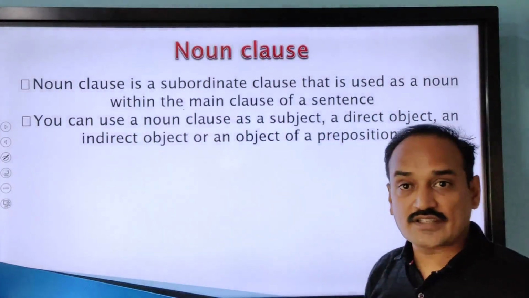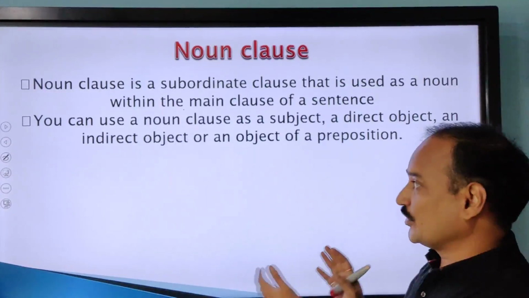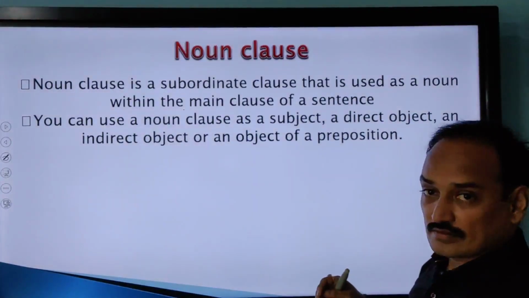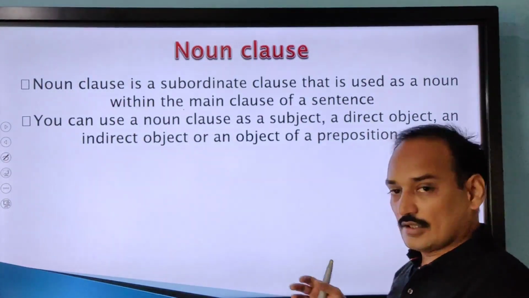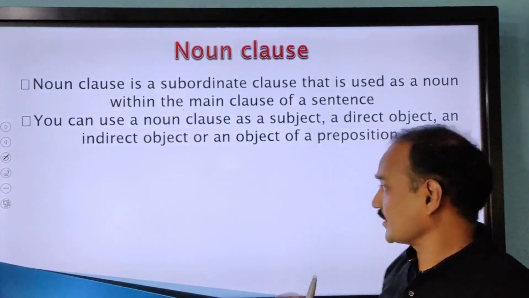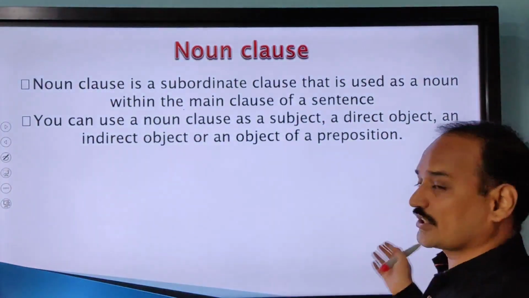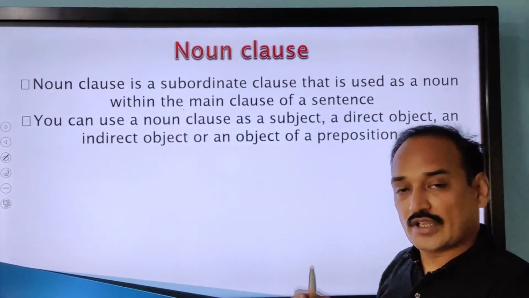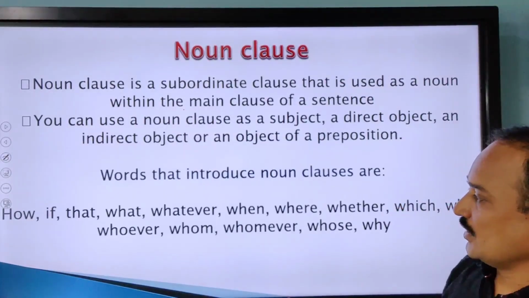For our understanding, we can say that the whole noun clause is nothing but one subject of the sentence. It can also be a direct object. You might have studied in passive voice what a direct object, indirect object and object of a preposition are, that is, the preposition related with the noun. Here it is a noun clause. With examples we will get it.